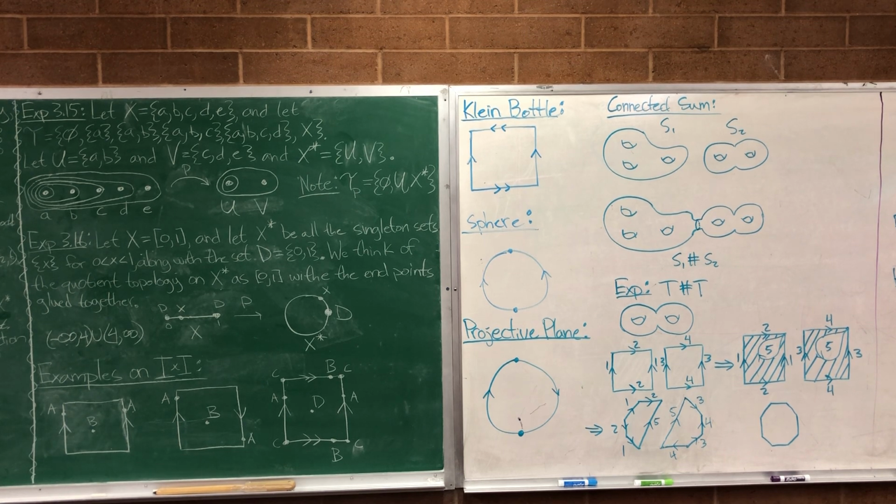V is the set containing CDE. Okay, so now everything in X shows up in one and only one of those two sets. So the set X star equal to the set containing U and V is now a partition. Good with that so far? So it's the same type of thing we were talking about over here. Just very discrete now, naming everything, very clear what we're talking about.